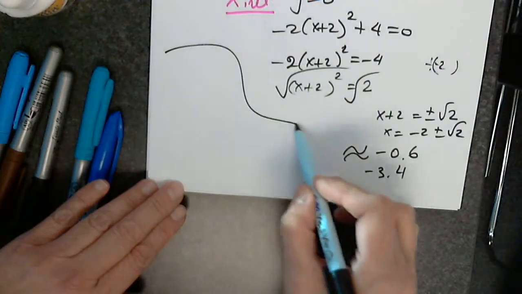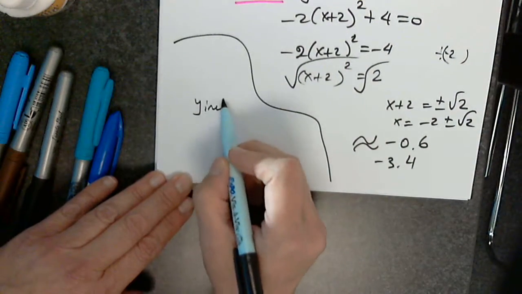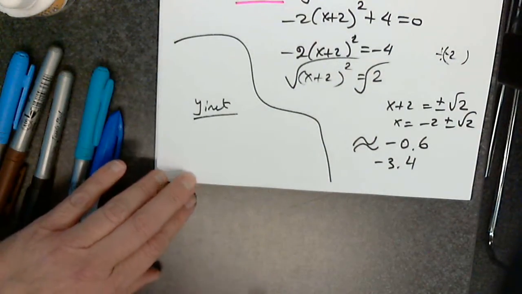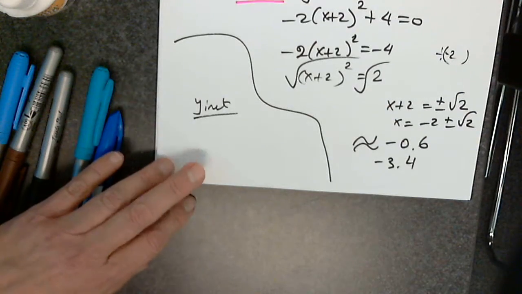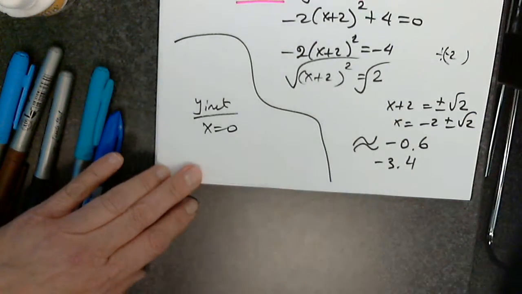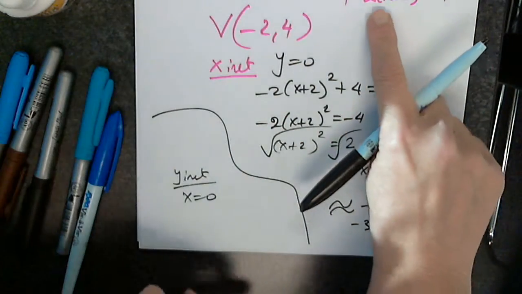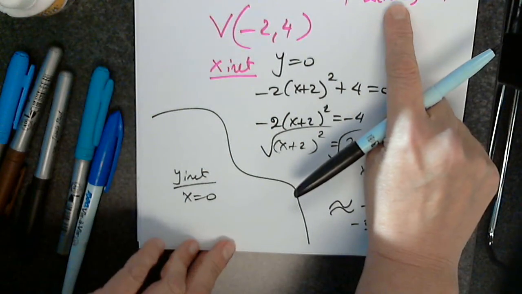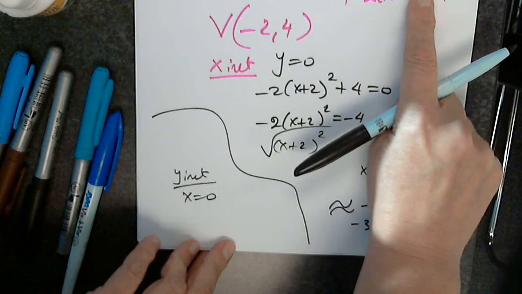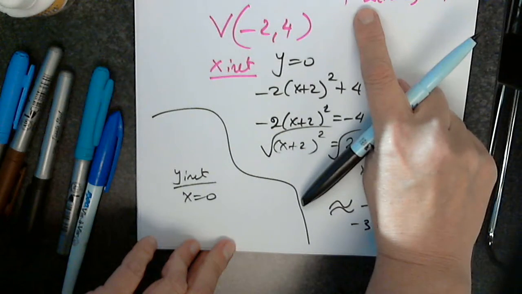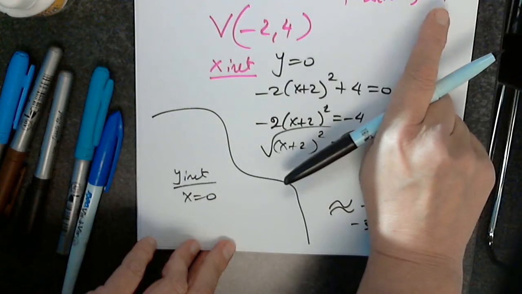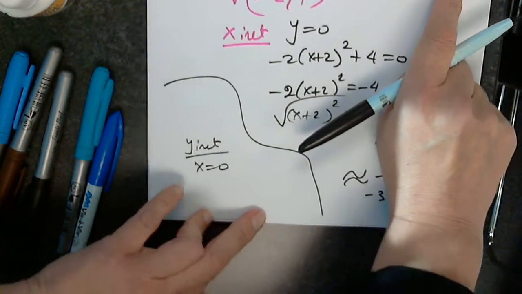And finally, how do I determine the y-intercept for any function? Yes, I set x equal to 0. I go back to the original function. Oh, here it is. How much is 0 plus 2? 2. 2 squared is 4 times negative 2. And negative 8 plus 4? Right.